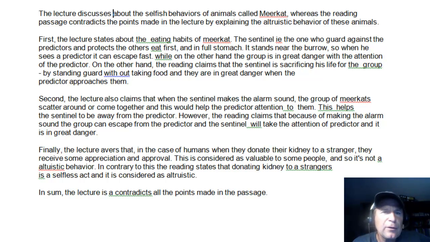So the lecture discusses about the selfish behaviors of animals called Murcott. Can we say Murcotts? Whereas the reading passage contradicts the points made in the lecture by explaining the altruistic behavior of these animals.